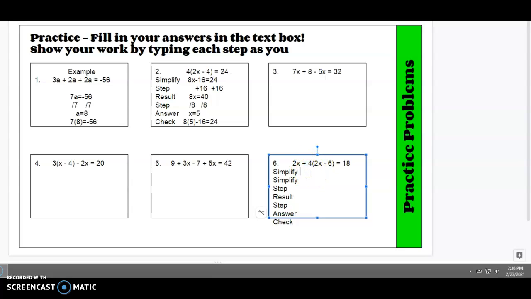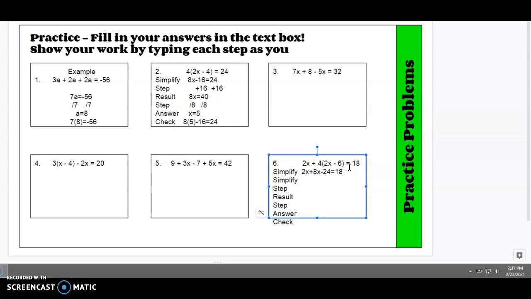Well, the 2x is going to still stay right there. 4 times 2x is going to give us a positive 8x. 4 times negative 6, that's going to give us a negative 24. So we've done with distributing, and then that's going to equal 18.